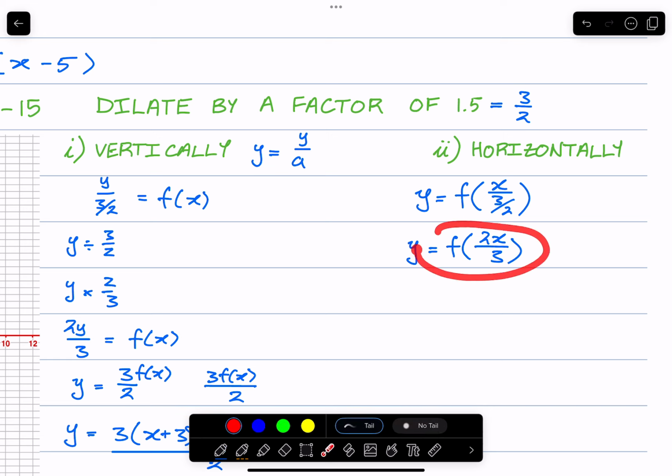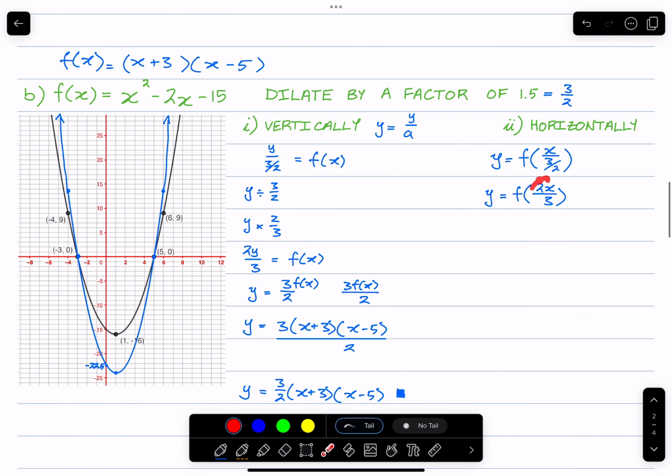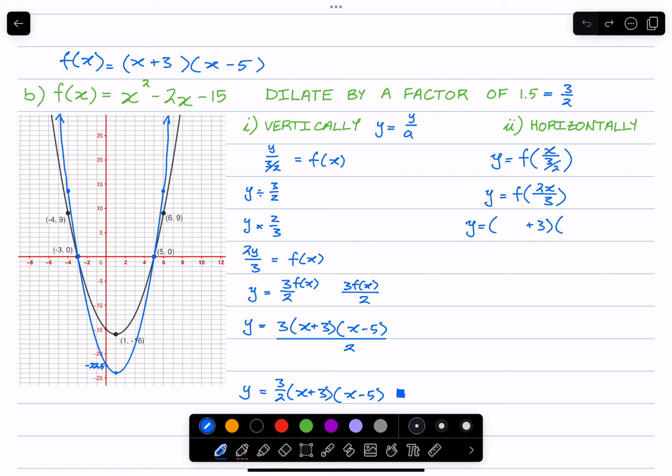In case you're wondering how we got from here, just recall how we did it for the y values here. So now substituting x for 2x over 3 into both of these, we will get y equals x plus 3, x minus 5.